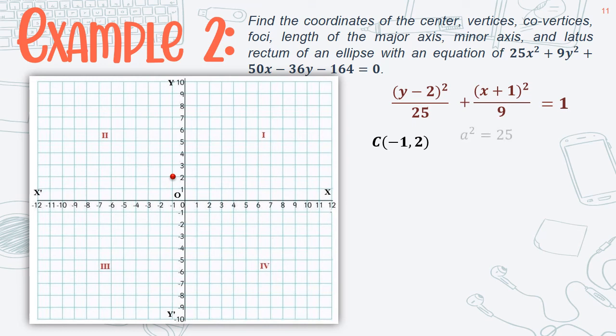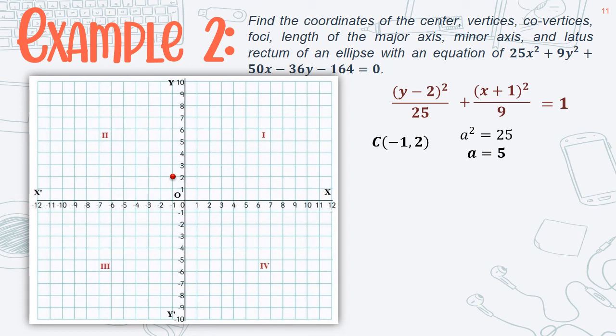So we can get a from our a squared, which is 25. Again, a is the semi-major axis. If a squared is equal to 25 from our standard form of equation, let's extract the square root of both sides. Therefore, a is equal to 5.